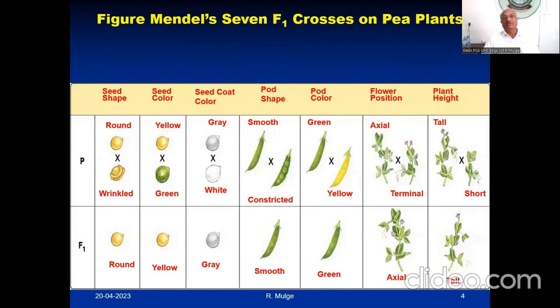So seed shape, how the parent was and then the hybrid, what was observed, is explained in the first table. Easily one can understand. Otherwise, it was totally new thinking at that time, and nobody took him seriously for almost 30 years. Even this is all explained by him.